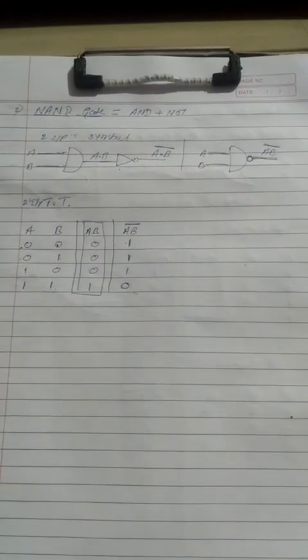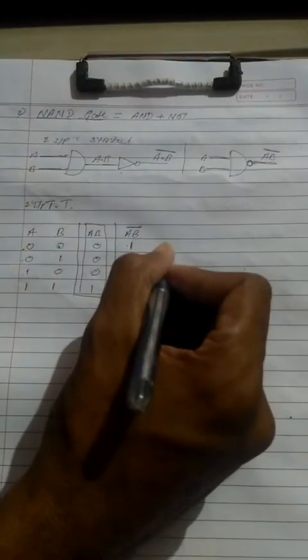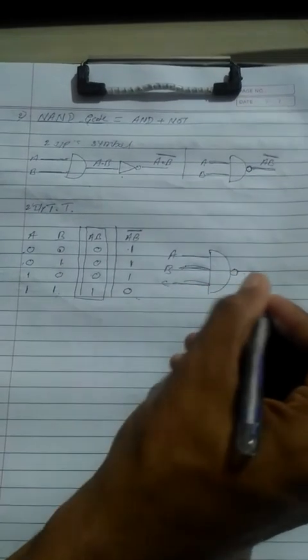Then similarly, you may see three inputs. So I will write here three inputs: A, B, C. These are the three inputs A, B, and C. Use your bubble. It becomes A into B into C, the whole bar.